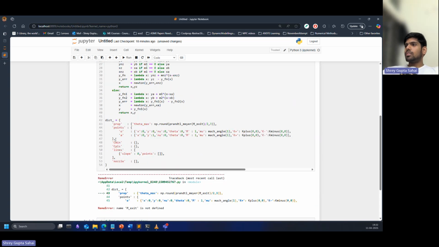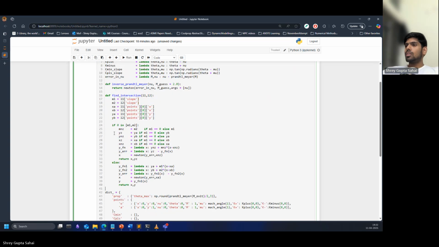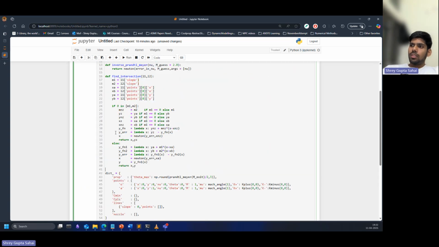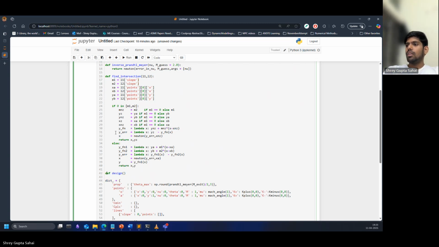Everything which I'm doing, let me do this in a function. So let me do this in a definition design. And that will need p values. So let me explain what I'm doing.